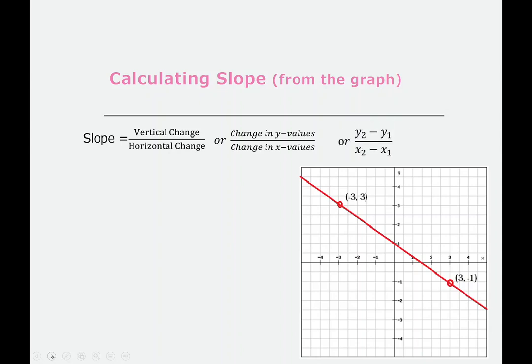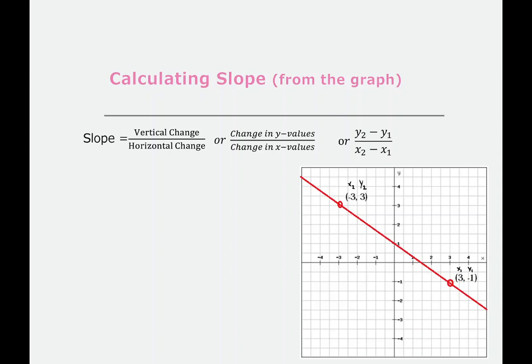An extra one we can do is y2 minus y1 over x2 minus x1. Basically what this refers to is if we have two points, we call this perhaps x2, y2, because they're x and y. We can call this maybe x1, y1.